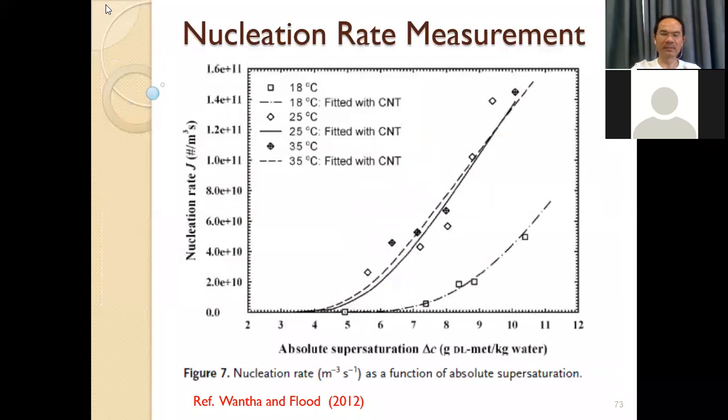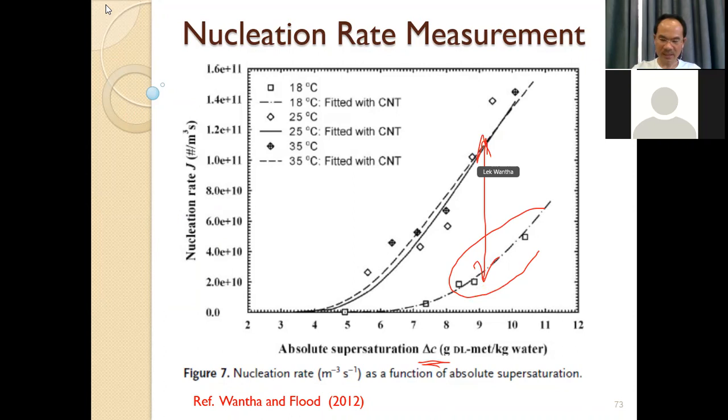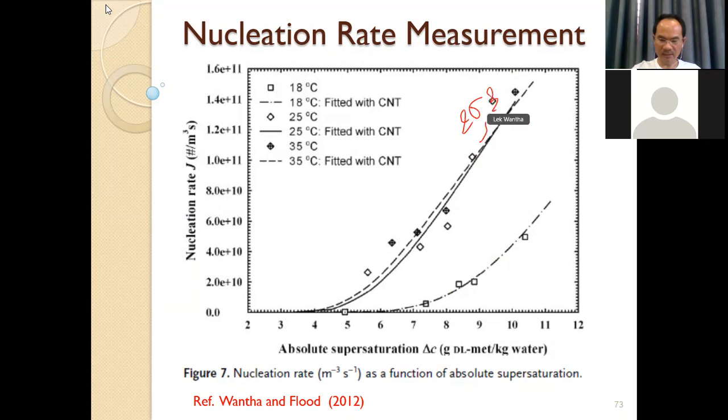And also we can show the nucleation rate as a function of concentration in terms of driving force. You find that at lower temperature, the nucleation rate is lower than at higher temperature. At the same concentration, this is about 5 and 25. Sorry, this is 25 and 30.